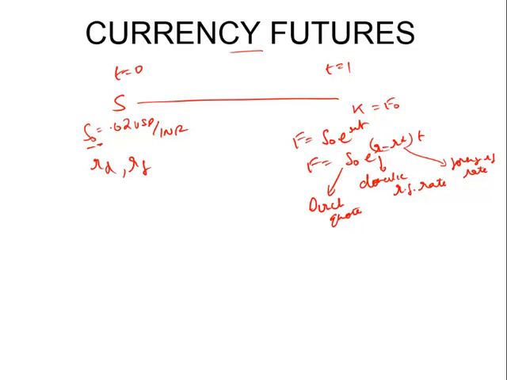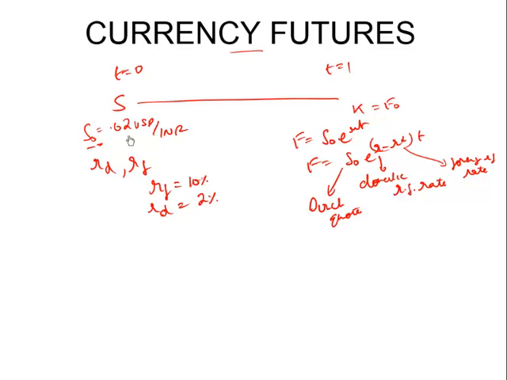Now if the currencies were not to change, let's say 0.02 USD per INR would persist, and the risk-free rate in India was 10% and the risk-free rate in the US was 2%, then is there an arbitrage opportunity?